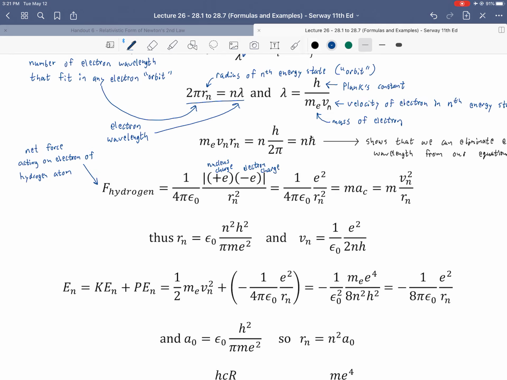Both have the same magnitude. They both have a value of e, the fundamental charge, 1.602 times 10 to the negative 19 coulombs. That's the charge of an electron, also the charge of a proton, because the nucleus is a single proton and the electron is just that, an electron.